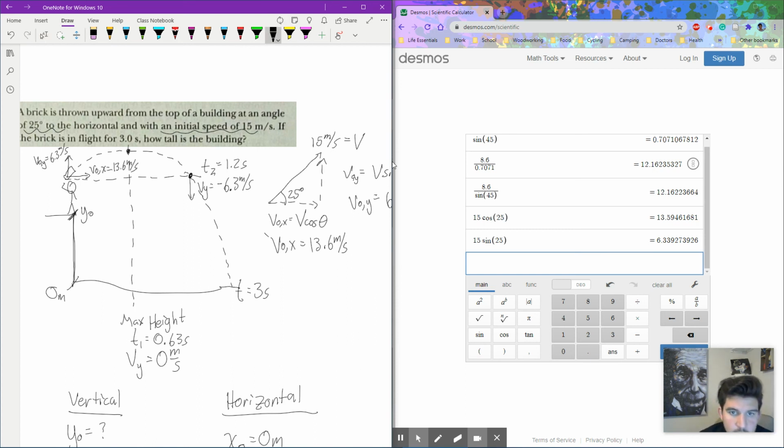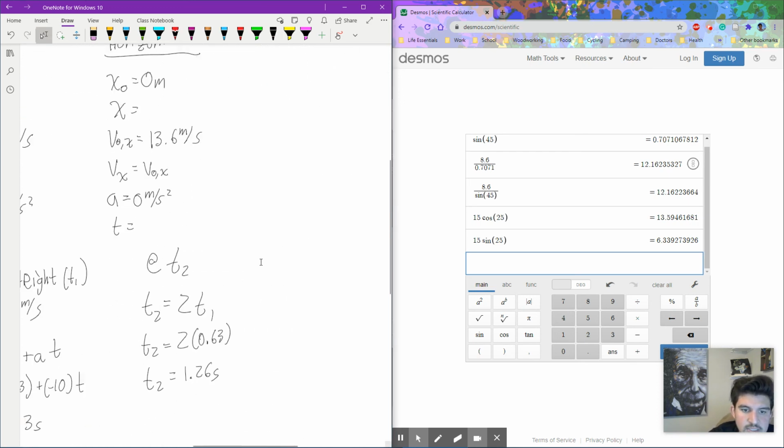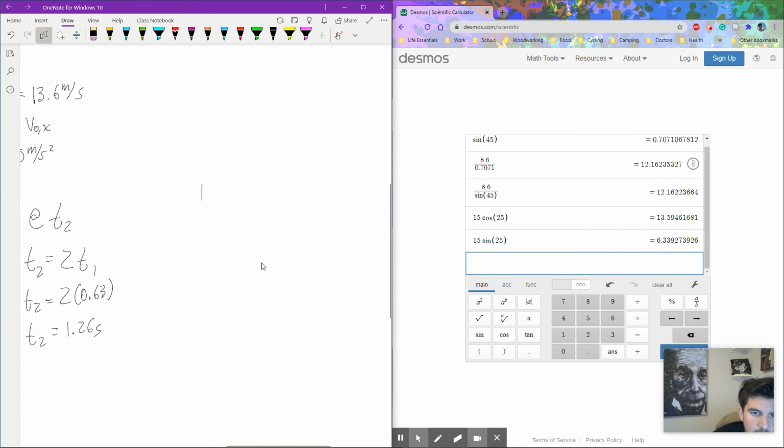So it took 1.26 seconds for the brick to go up and then come back to the same height that it started. And we're going to call this basically the top of the building. So that means I know it fell from the top of the building to the ground between 1.26 seconds and 3 seconds. So let's figure out how long it fell.